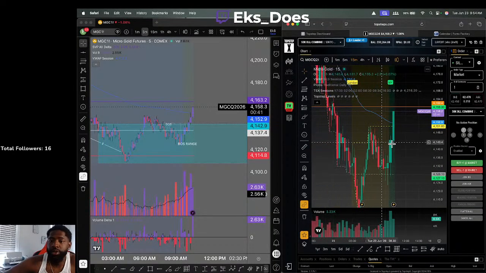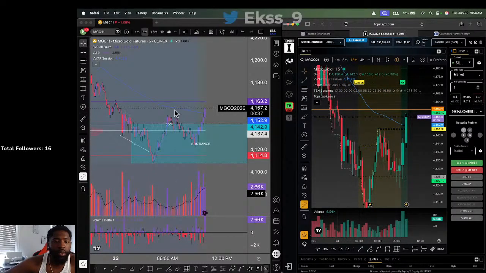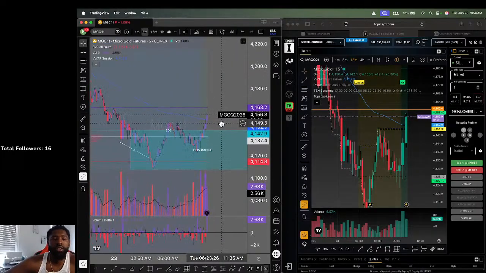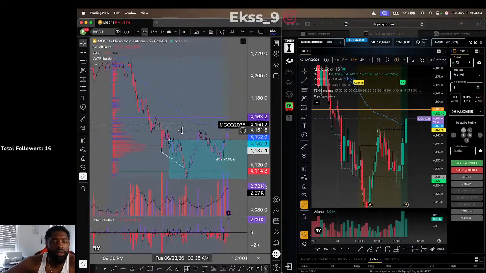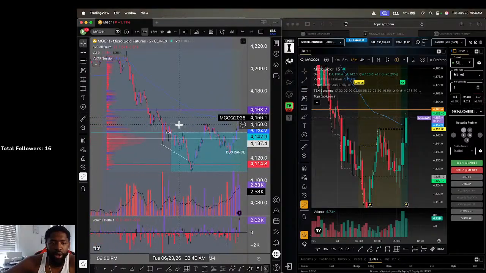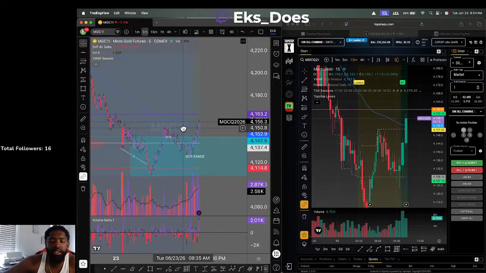Okay, we're getting some good buying volume step in here. We're seeing the buyers step in. We're gonna let them do their thing, right? Because we know this needs to happen in order for selling pressure to kick in, right? Price needs to rise for sellers to be interested in selling.